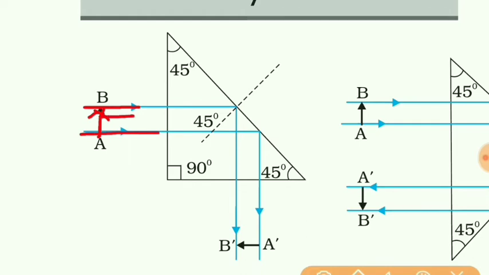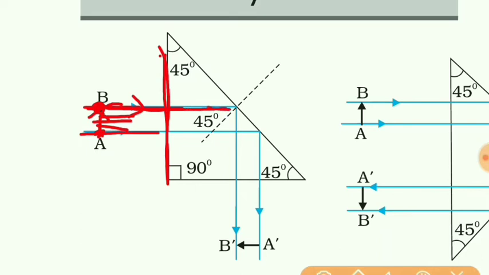Actually from all the places the rays are coming, but to form the image we just take any one point. Here 2 points are taken. So these two rays are coming, and here the ray is incident normally to the surface, so there is no deviation, so it will move in a straight path.